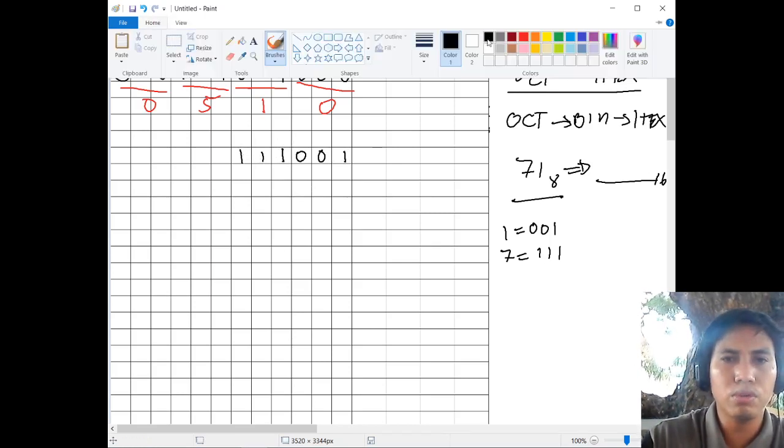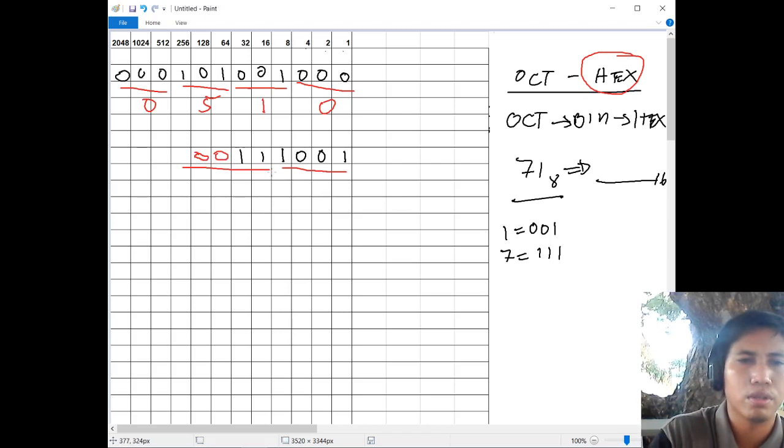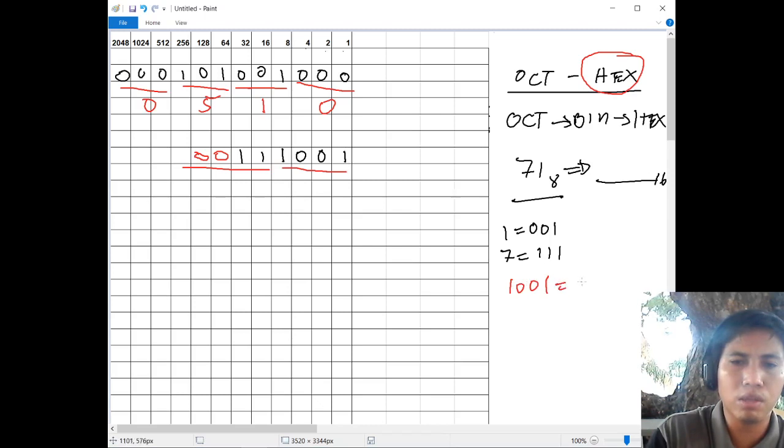Then the next thing that you should do is to group them by 4 because we are converting it to hex. So you group it by 4. This is 0, then that is 0. So 1, 0, 0, 1 is actually 9. Then 0, 0, 1, 1 is actually 3.